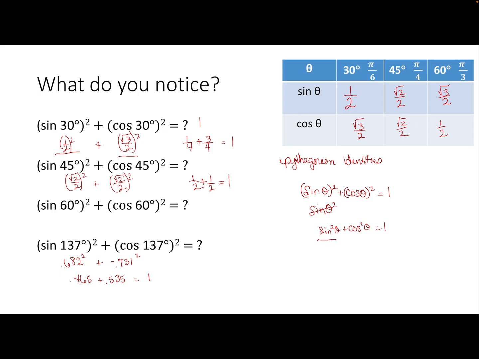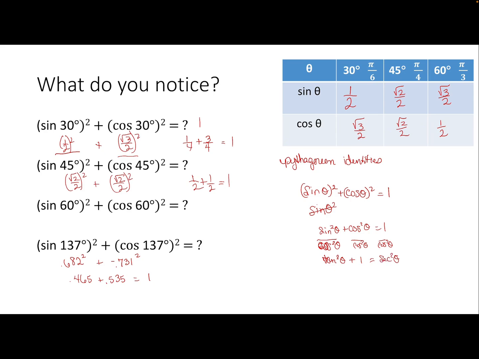Let's divide each of these by the cosine squared of theta. Which is legal as long as we're dividing every single term by the same value. And so sine squared over cosine squared is going to be tangent squared. Cosine squared over cosine squared is 1, and 1 over cosine squared is the secant squared.